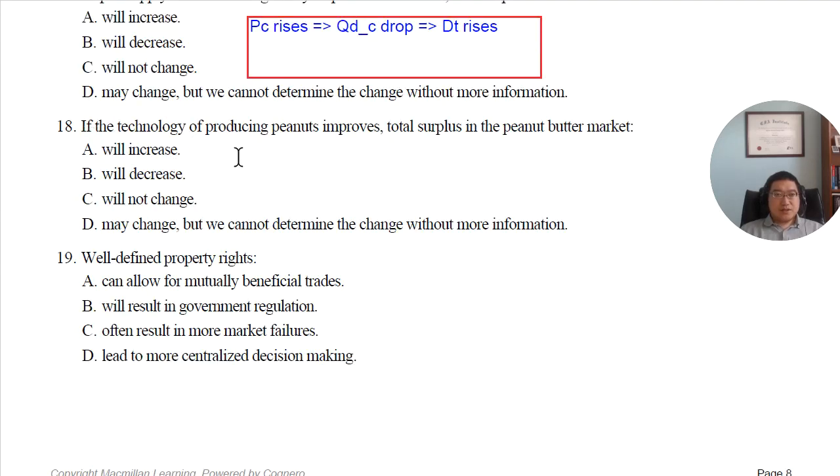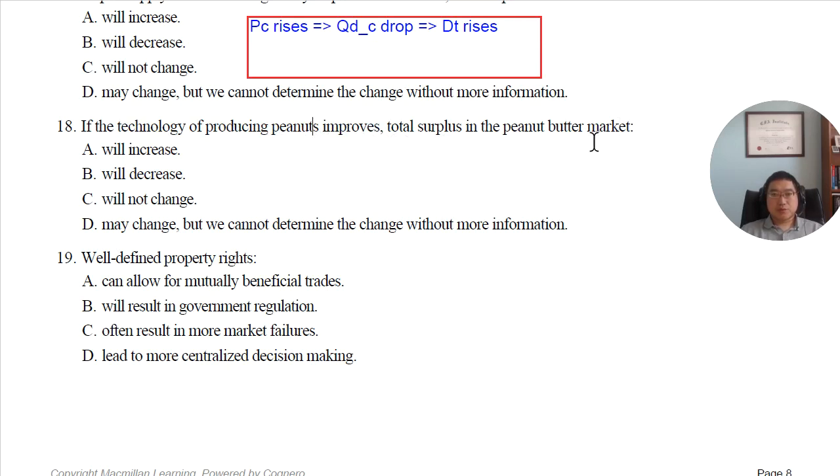If the technology of producing peanuts improves, total surplus in the peanut butter market will do what? This is about peanuts. Peanuts are the main inputs in producing peanut butter. Your main input has a better technology, meaning your main input becomes generally cheaper to produce.